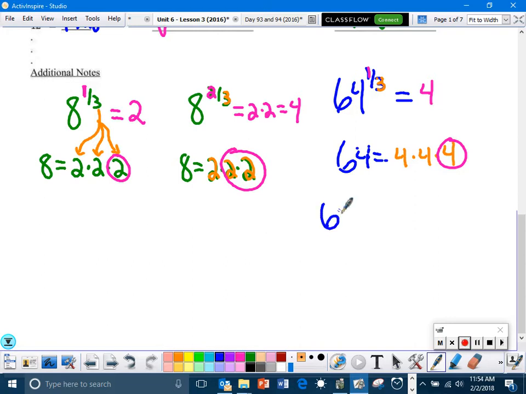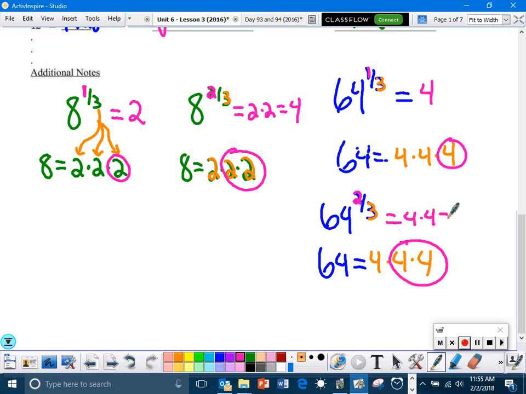If I do 64 to the 2/3 power, again, I have 3 4's. The numerator, 2, tells us I'm going to use 2 of them. So that would be 4 times 4, which is 16. So 64 to the 2/3 power is 16.